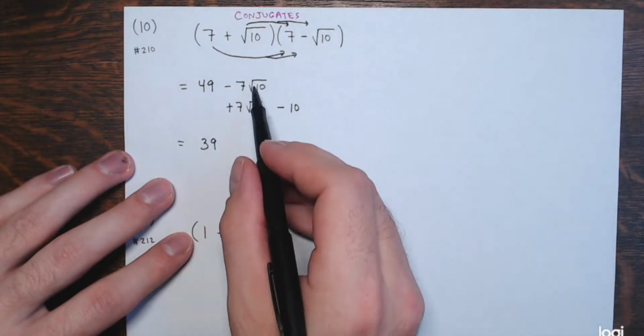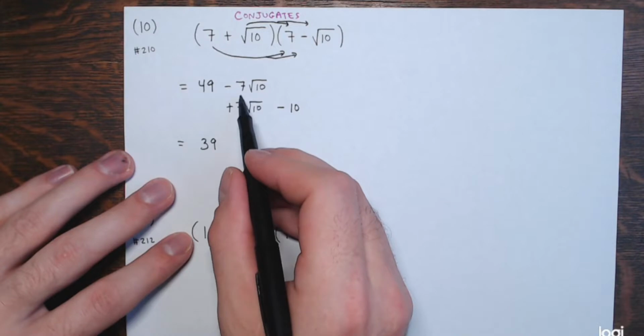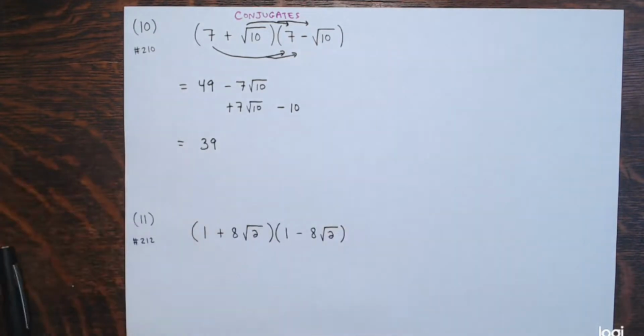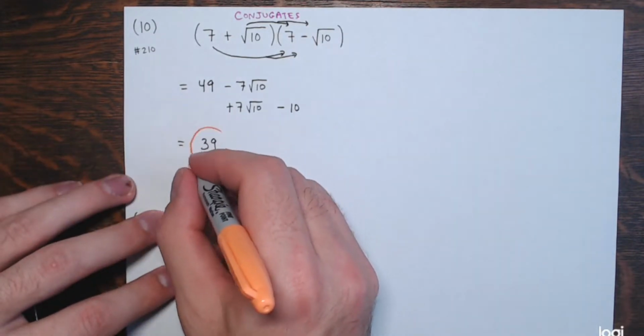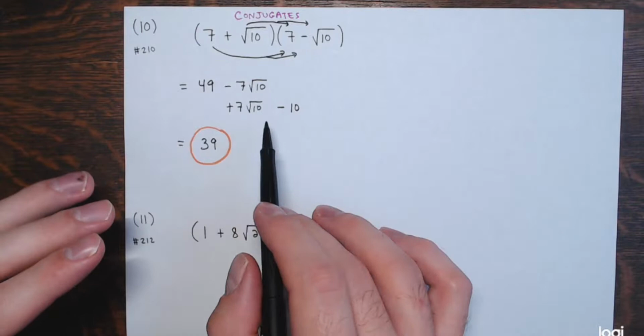And then these like radical terms add up to 0, because they're opposites. So I end up with just 39. Pretty simple. So you can still do it the long way like this.